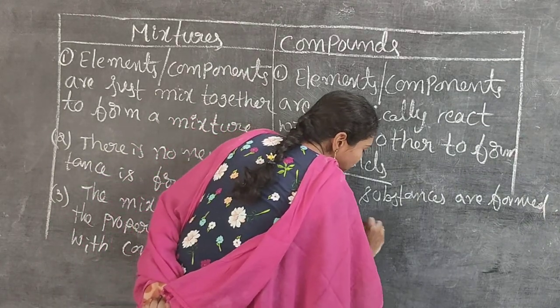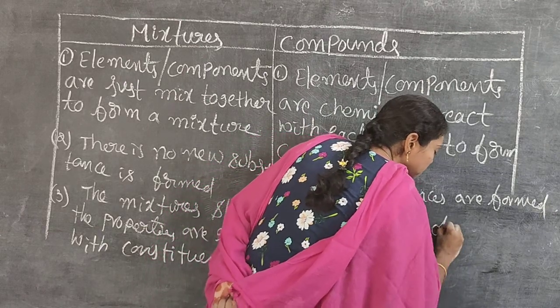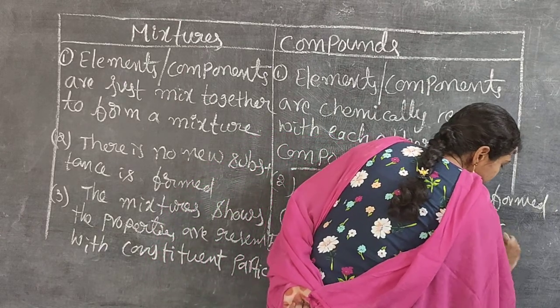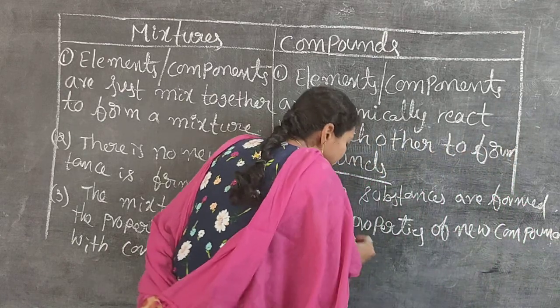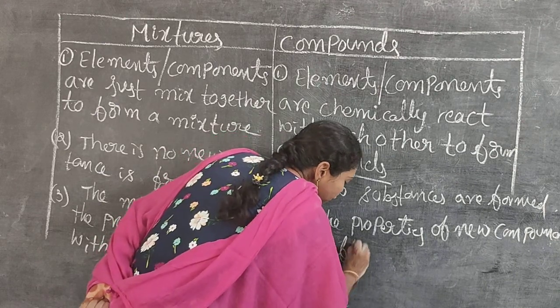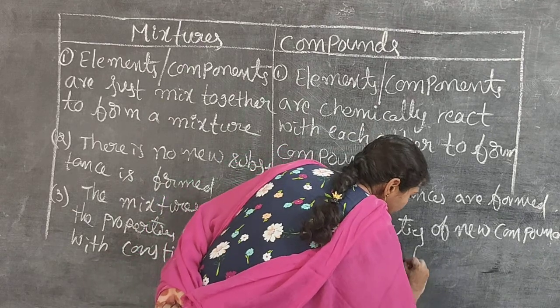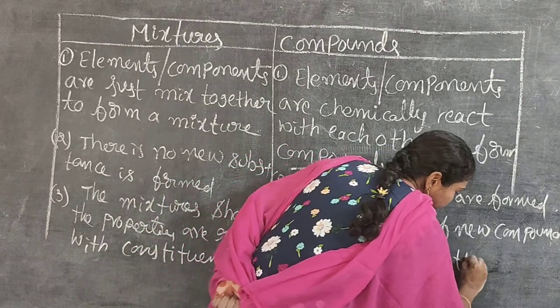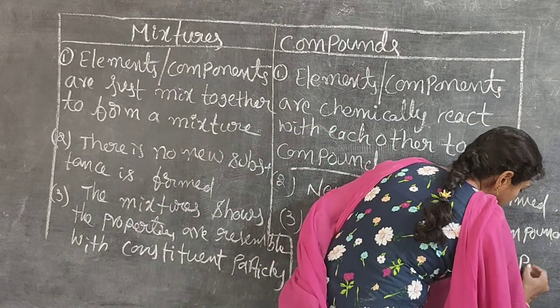The properties of new compounds, new substances or new compounds, are always different. The properties of new compounds are different from the components which are present in the compound.